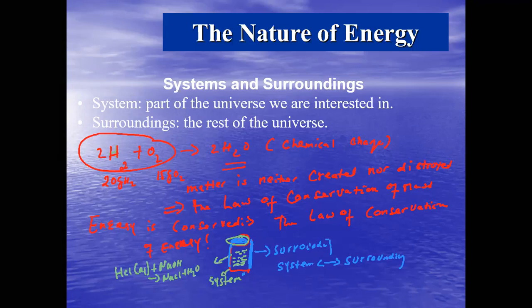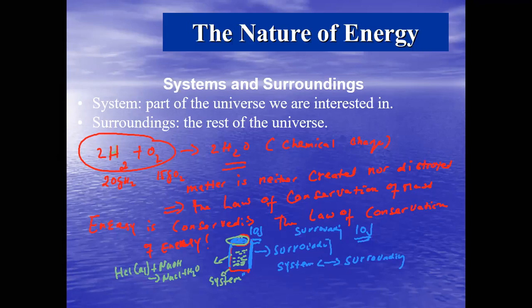Let's say the system is losing about 10 joules of energy. The surroundings gain the same amount of energy. Whatever energy is lost by the system, the surroundings gain the same amount. That's the reason we say energy is conserved, the first law of thermodynamics: the law of conservation of energy happens between system and surroundings.